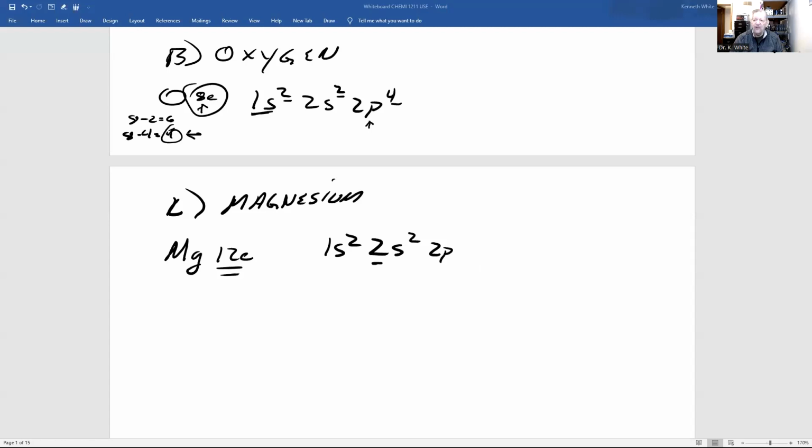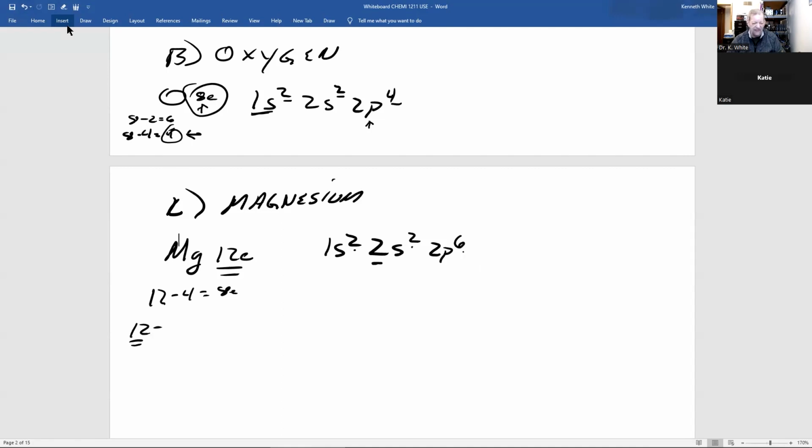So if we look here, 12 minus 4 equals 8 more electrons to go, but in 2p, I can only put a maximum of 6. Well, now I have 2 plus 2 plus 6, that's 10, but I have 12 electrons to account for, and I still have 2 more to do.